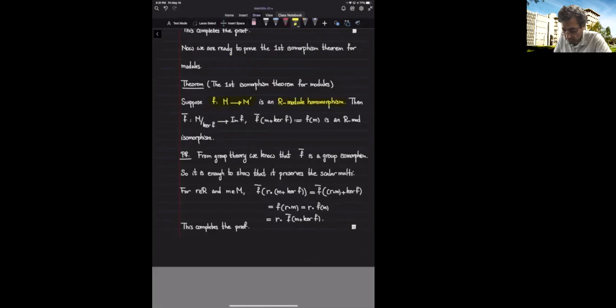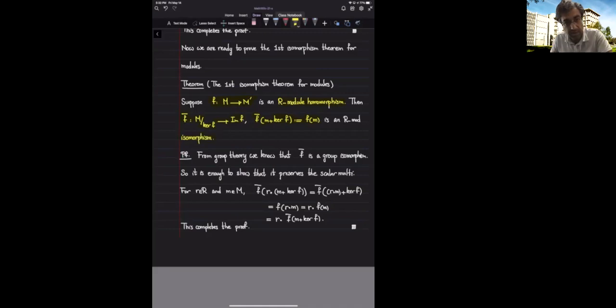We want to show that f bar from M modded out by the kernel of f to the image of f, where f bar of a coset that's represented by m is sent to the value of f at m, is a well-defined R module isomorphism.